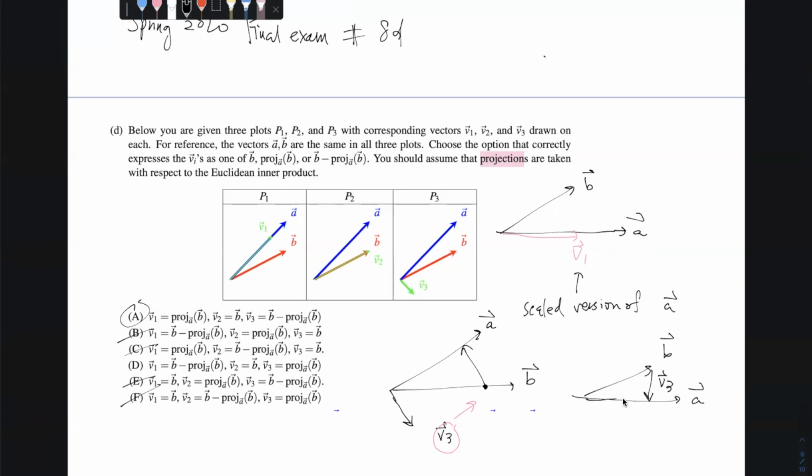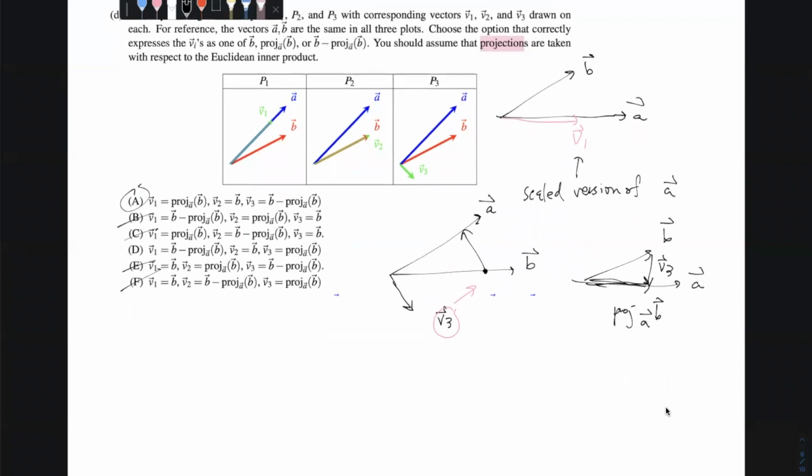Since we know that this vector here was the projection of B onto A, via vector addition and subtraction, we know that the projection of B onto A plus vector V3 is equal to vector B. So if we isolate vector V3, we get that it is equal to the vector B minus the projection of B onto A. And that's exactly what we have here.